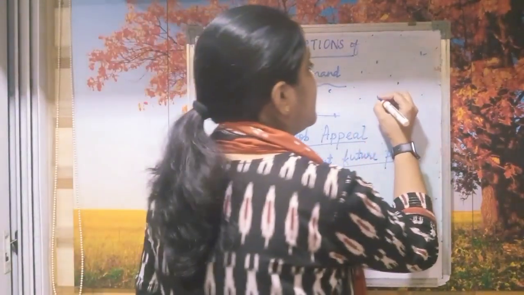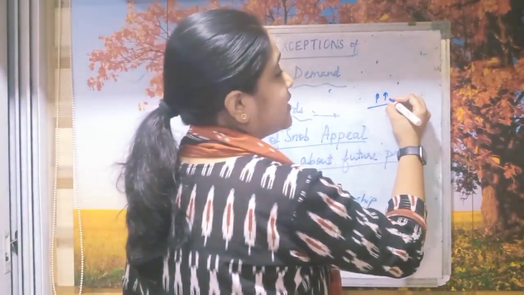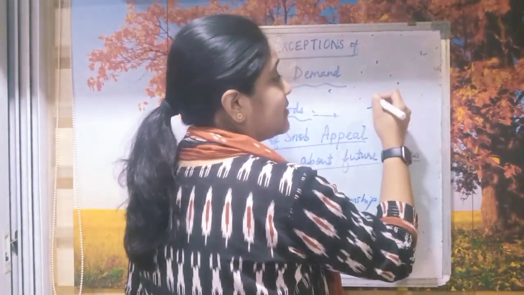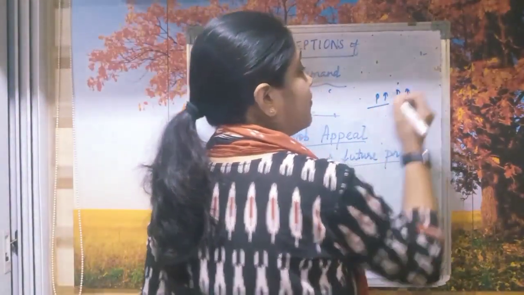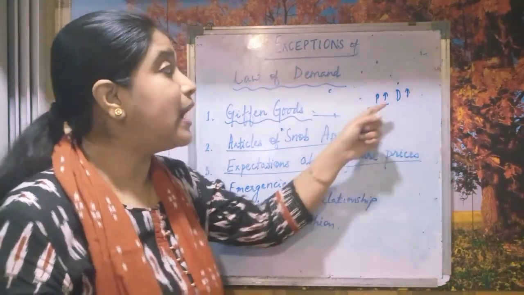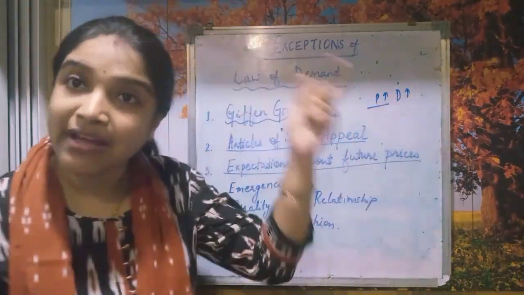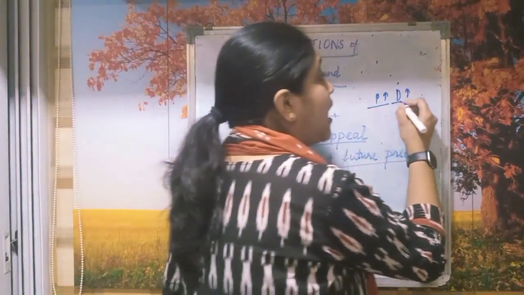Why? Because in the future the price will rise, so today our demand will be more, so that we don't have to pay a higher price in the future. Today we'll pay a lower price.